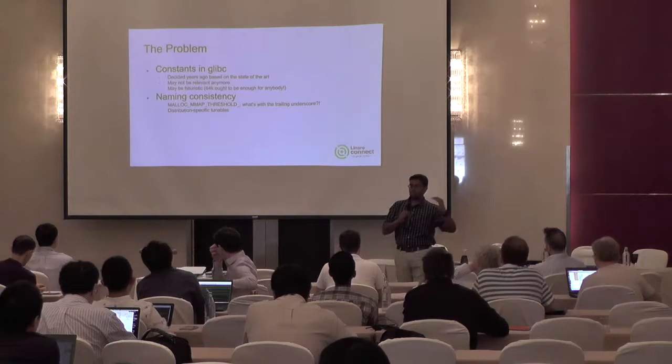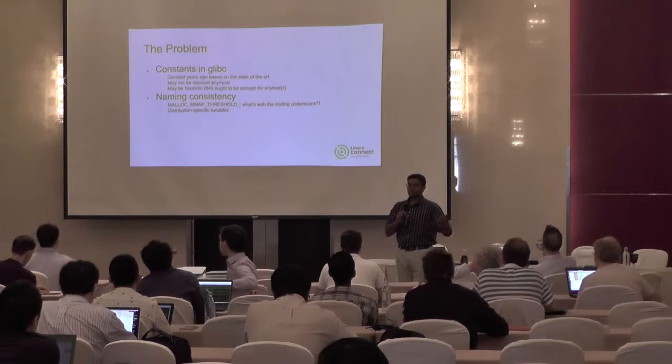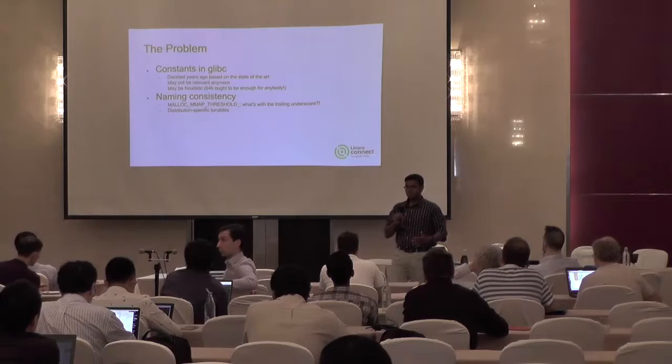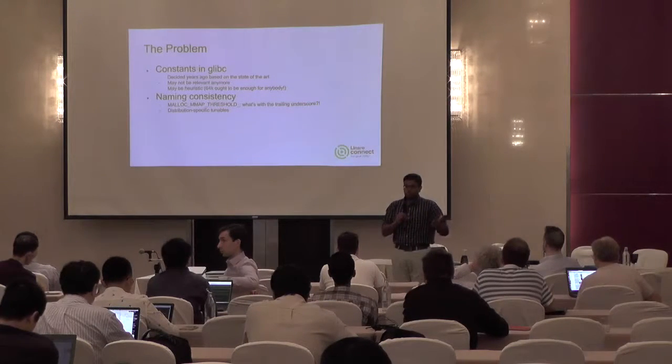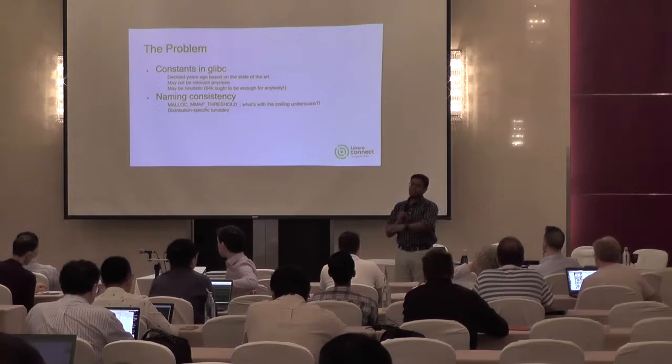The constants were selected maybe 20 years ago based on the state of the art back then. Some of them were heuristics, where it was just thought that it would be a good idea to, say, for example, set the buffer for streams to page size.